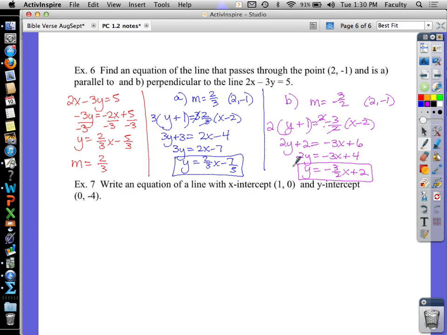All right, last one, example 7. Write an equation of a line with x-intercept (1, 0) and y-intercept (0, -4). Take a moment. I want you to think about it and see if you can figure this one out.